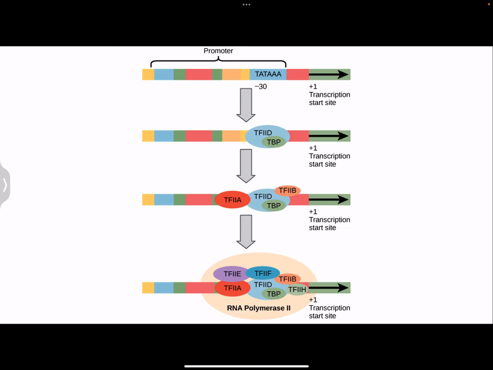So we are going to have our promoter and maybe our TATA box, and we're going to have a TATA box binding protein and then a couple of transcription factors and then more transcription factors, and eventually they are going to recruit the polymerase. Everything is unwound, and the polymerase starts moving to the right, to the right, to the right until it hits this +1 site, and that's where it's going to start incorporating nucleotides.